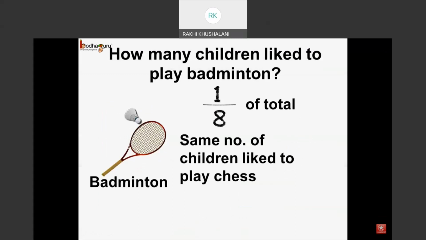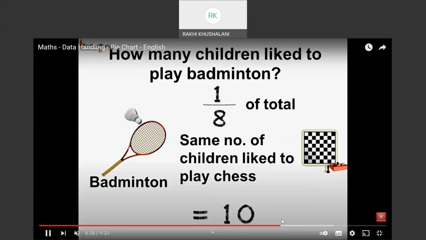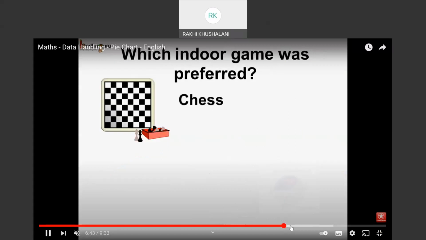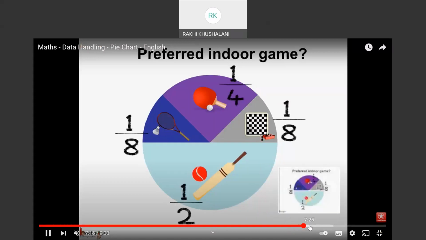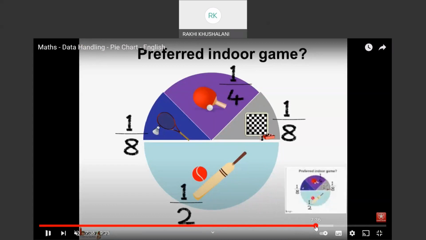So 80 minus 60 is equals to 20 students like to play what? Table tennis. Beforehand only I'm telling you, that is the one way to find out, or the other way is to find out 1/4 of the total. That is 1/4 into the total number of students, that is 80.